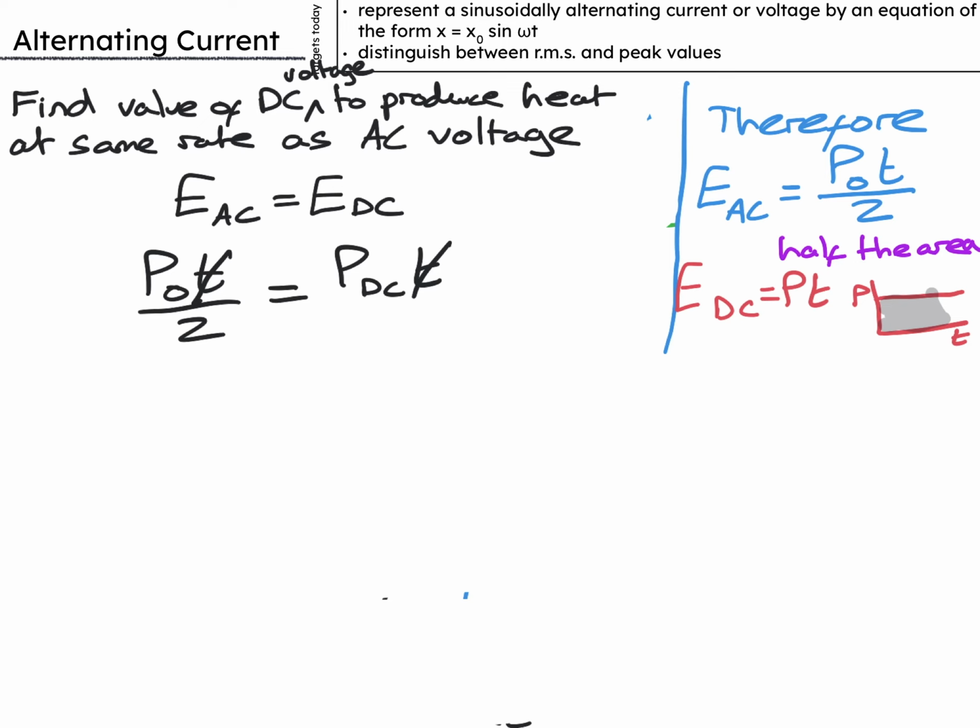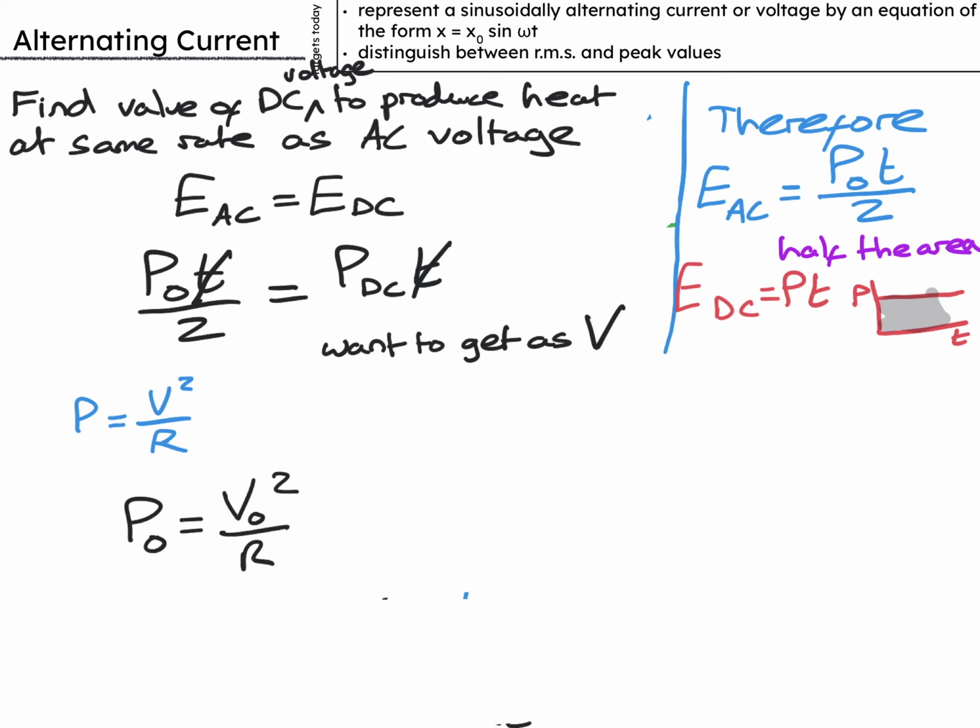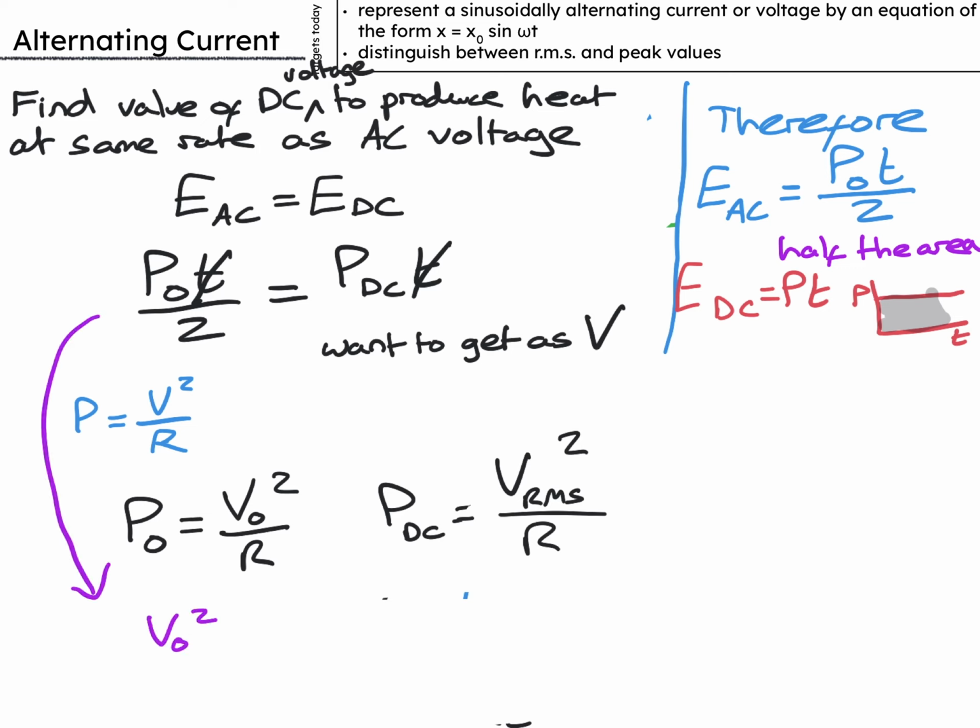Alright, looking good. But we want to get this as voltage. We're going to use P equals V squared over R. So P0 equals V0 squared over R. And PDC equals VDC squared over R. Remember, we were going to call it the RMS voltage, so PDC equals VRMS squared over R. Subbing them into P0 over 2 equals PDC, we get V0 squared over 2R equals VRMS squared over R, or V0 squared over 2 equals VRMS squared.